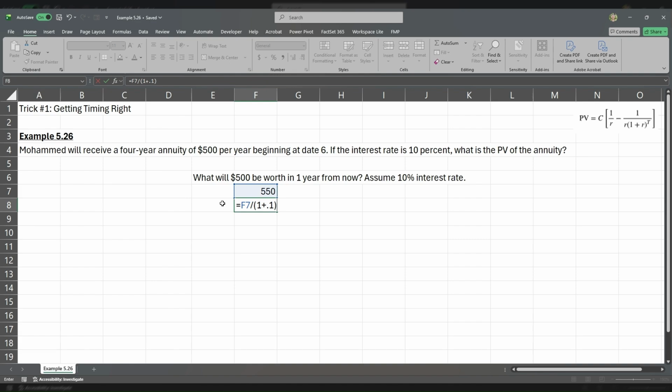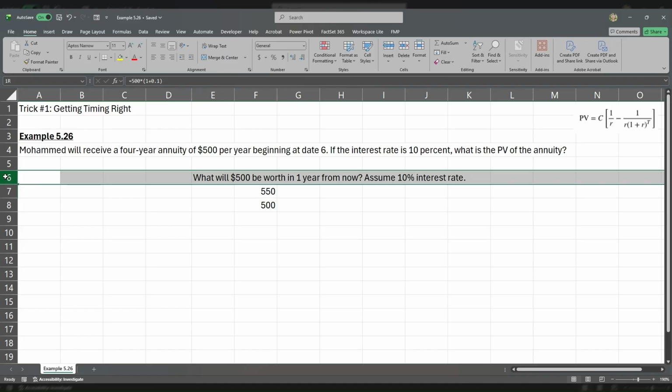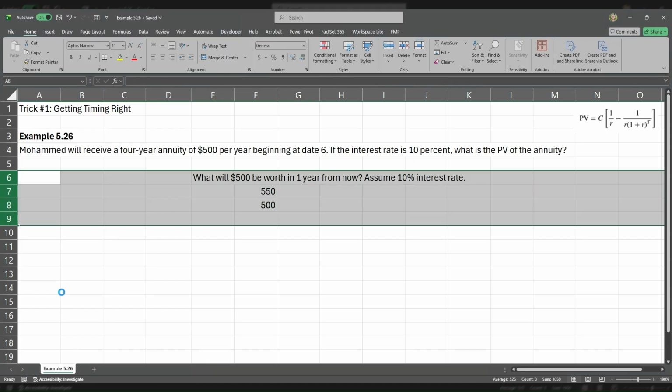So future value divided by 1 plus the discount rate. And I get back to that $500. So that's an example of present value, future value of a single amount. And we have the formulas here. Now, this is just one period, so it's a little bit simpler. But I'm going to keep these formulas here as background as I answer this question.